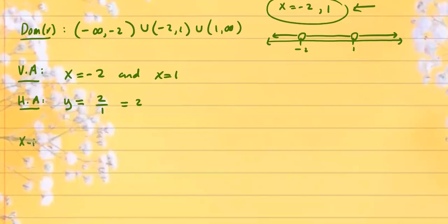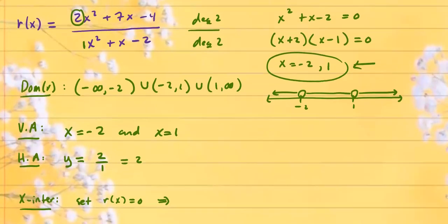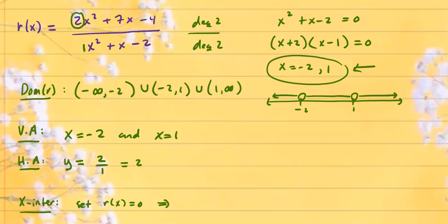So for the x-intercept, we're going to set r of x to 0 because that is your y value. So if I do that, we take the function and set the top equal to 0. We have 0 is equal to 2x squared plus 7x minus 4.